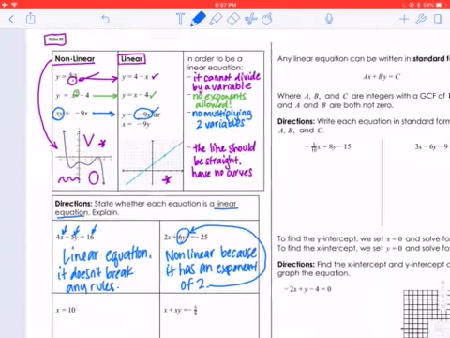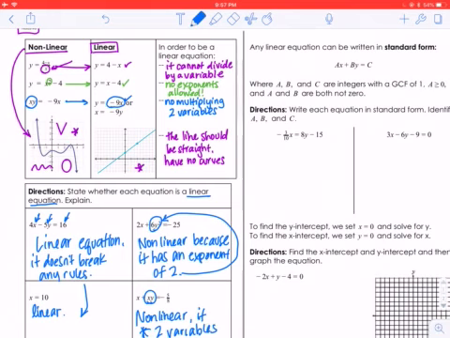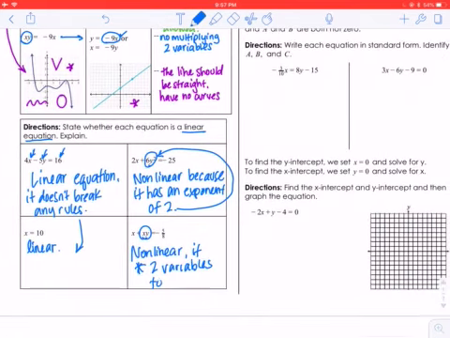Go ahead and take a look at the next two. In this one, we would say this is linear. It doesn't break any of the rules, so I can put that same thing here. And then this one I would say is non-linear because it multiplies two variables together.